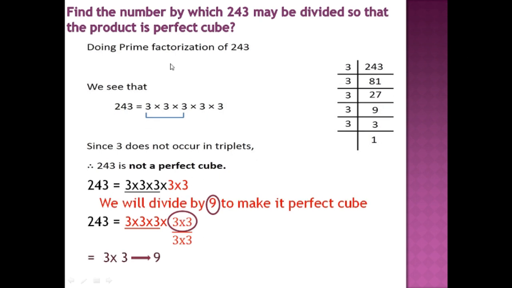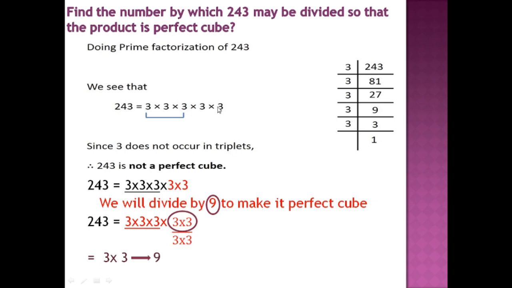Now we will solve this question by the second method, that is the dividing method. Find the number by which 243 may be divided so that the quotient is a perfect cube. The method is the same. You will find all the prime factors of 243.